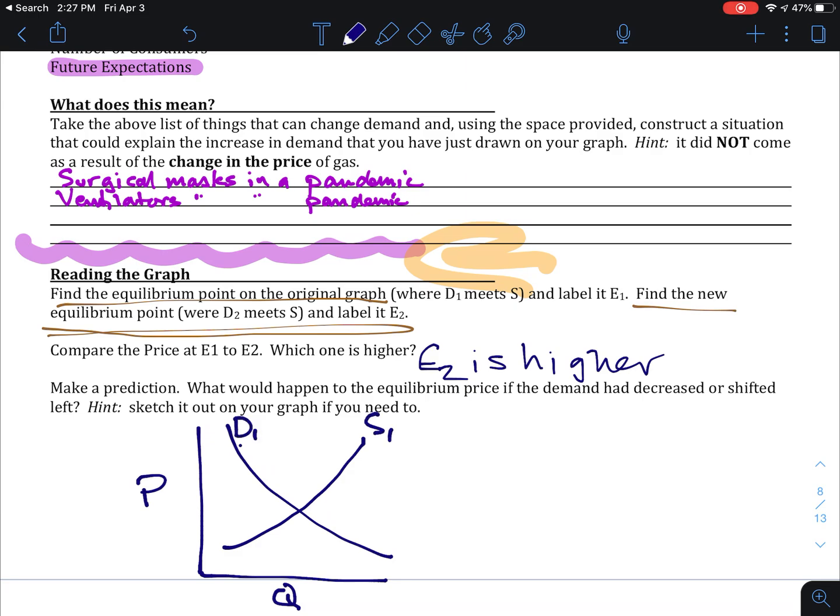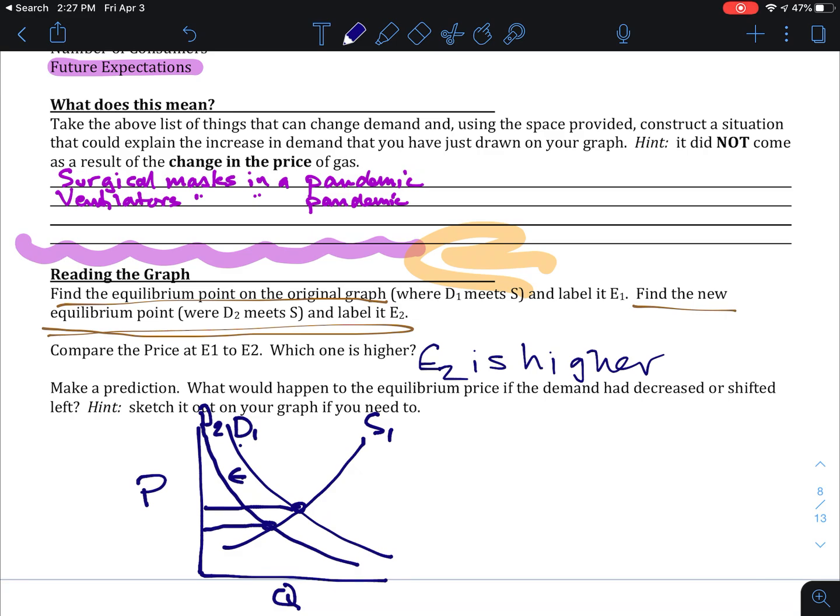D1, S1. And instead of moving the supply for gas, we moved the demand for gas left to D2. There was a leftward movement. And look what happened. You went from a price up here to a price down here.